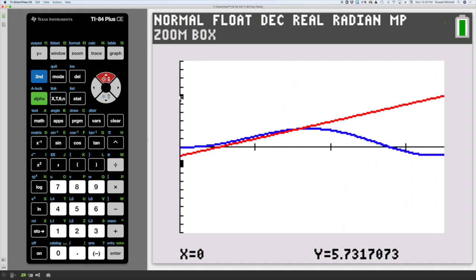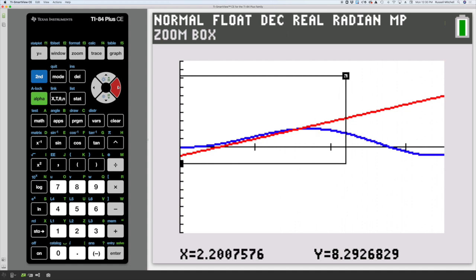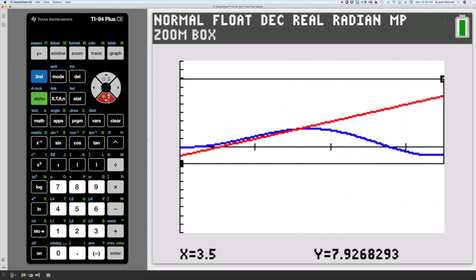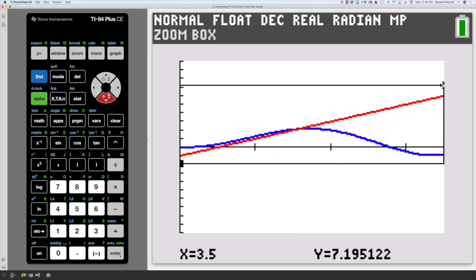Actually, let's go up a little bit higher. A little too high. And then go to the right. We can adjust this a little bit if we want to. I'm going to come down a little bit, and then press enter.